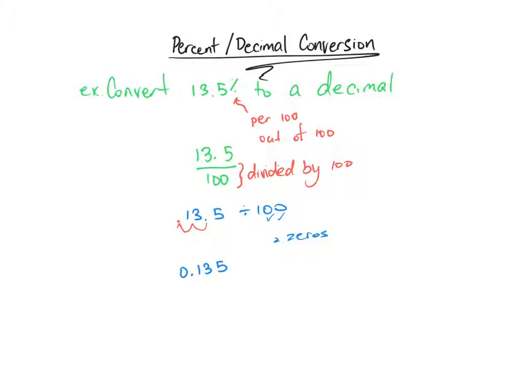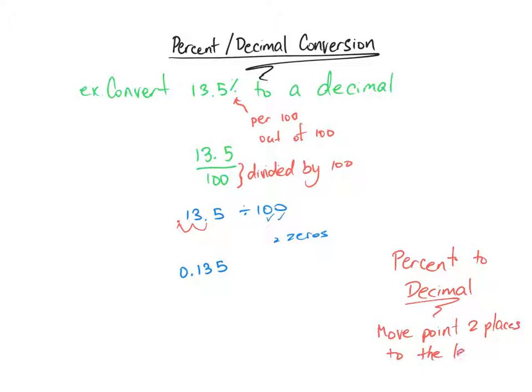So we can write a rule down just to make sure we've got it. All you have to remember is when converting from percent to decimal, we move the decimal point 2 places to the left.